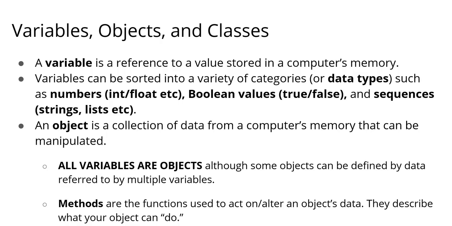On the other hand, an object is a collection of data in a computer's memory that can be manipulated, and all variables are objects, although some objects can be referred to by multiple variables. So these are the differences among variable, object, and classes.